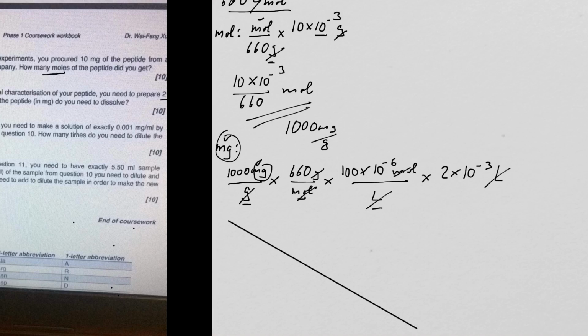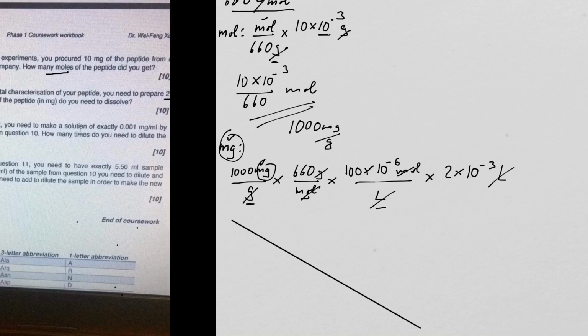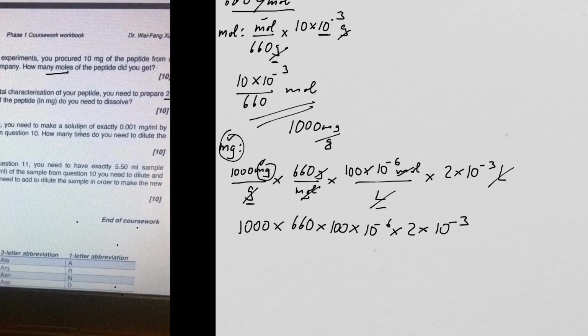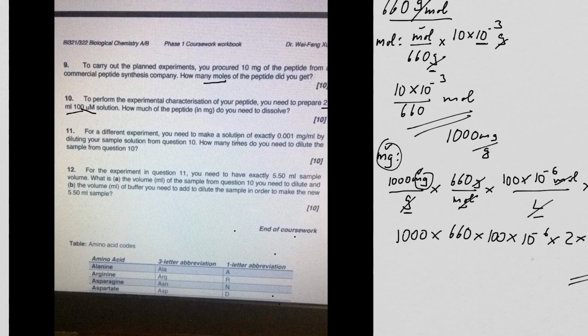So we can write that as 1,000 times 660 times 100 times 10 to the minus 6 times 2 times 10 to the minus 3, and the unit would be milligram. And obviously, you can do the rest for that.